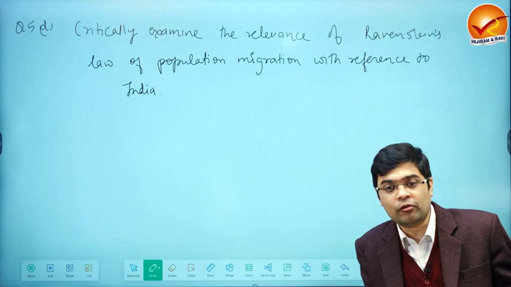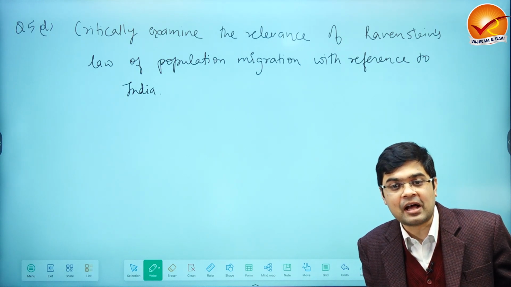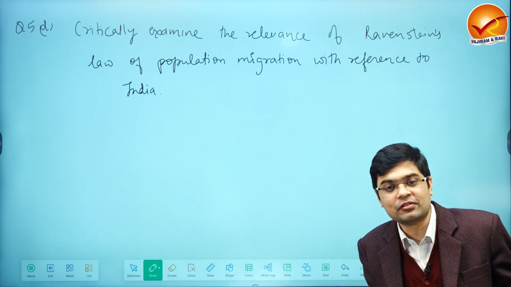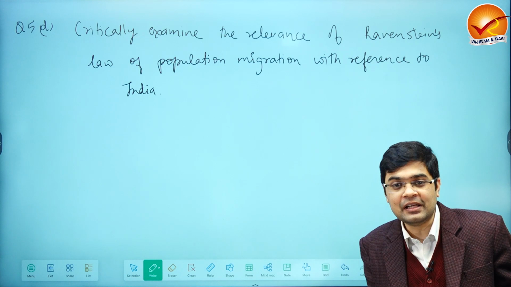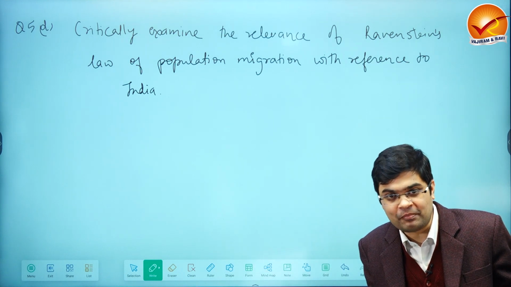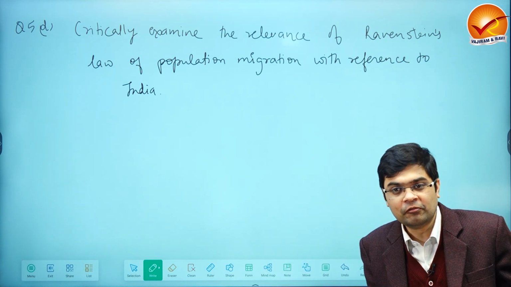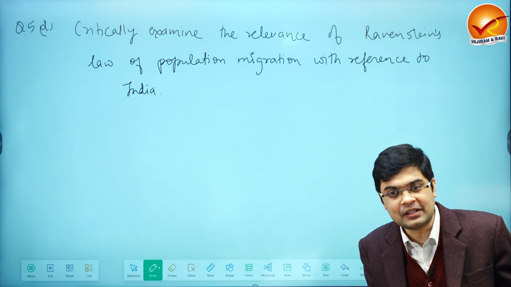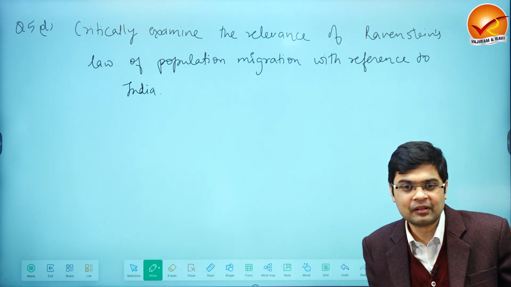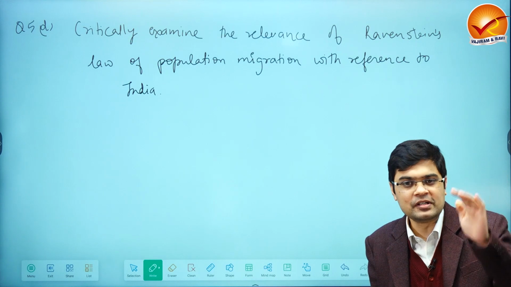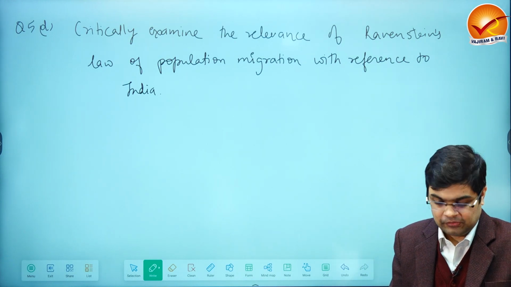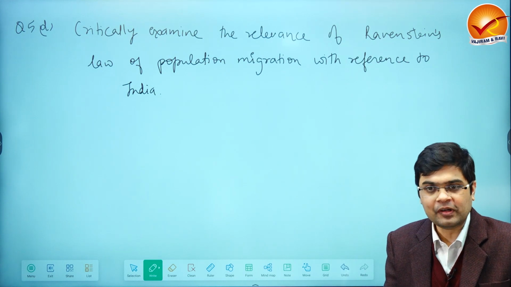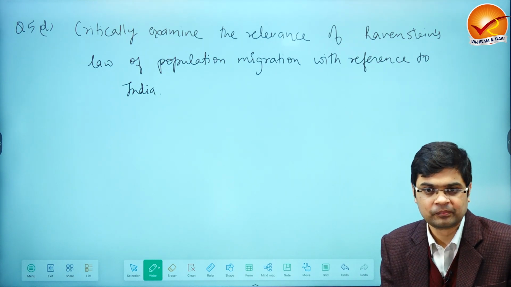The natives of the urban areas are less likely to migrate than the natives of the rural areas. Improvement in technology increases the chances of migration. Females migrate to shorter distances. Okay, 7-8 points are there that madam must have told you. Now, the question is, how is this relevant to India?